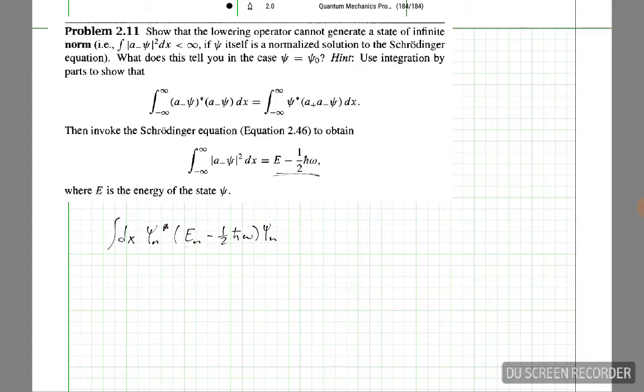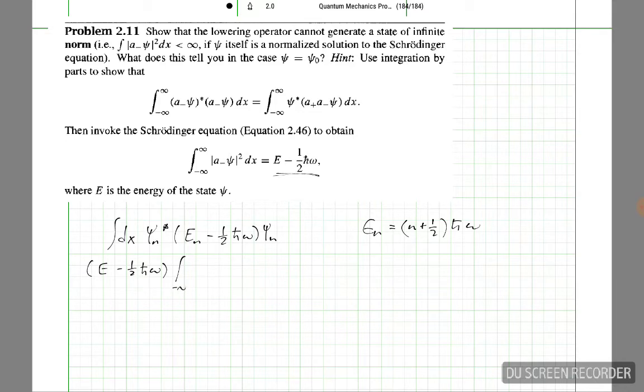And now, since this doesn't depend on x, because we know that E is just n plus 1/2 times h bar omega, meaning there is no x dependence there, I can just pull that out completely. Or if you want to get fancy with it, you could just say that's n h bar omega.